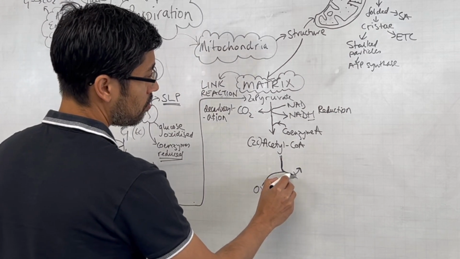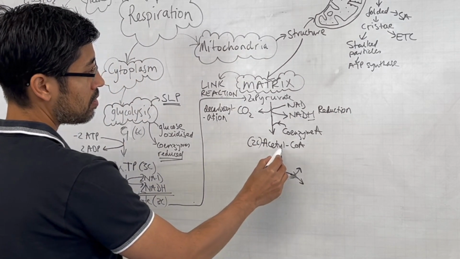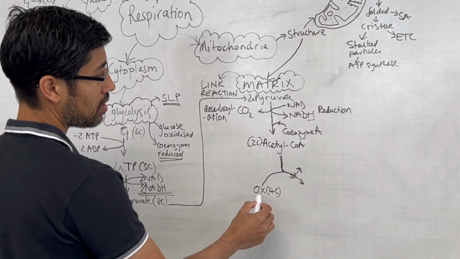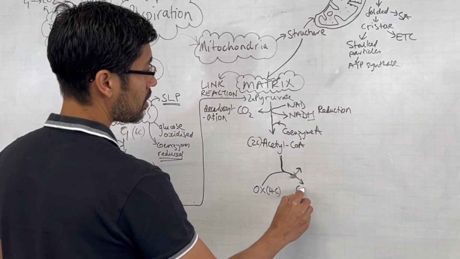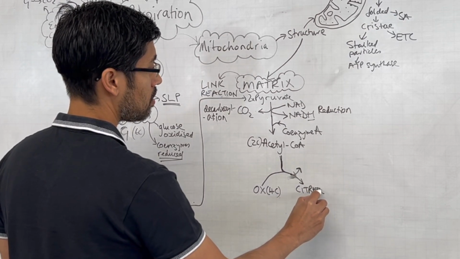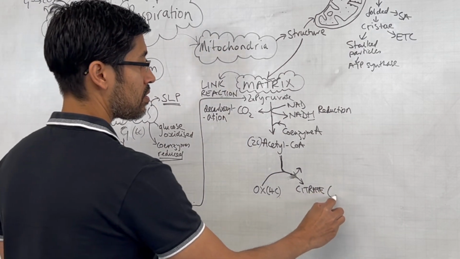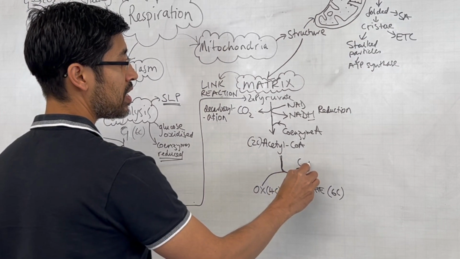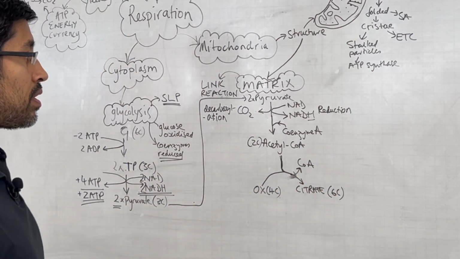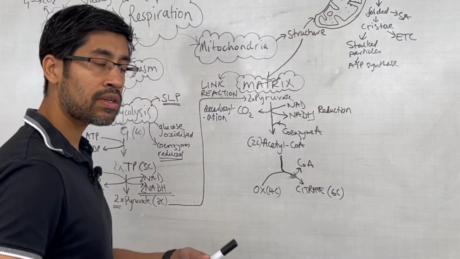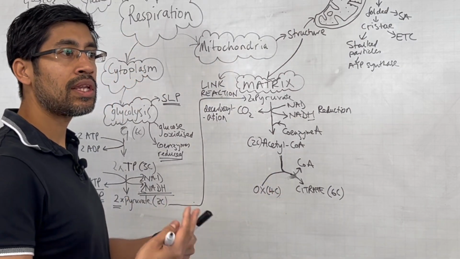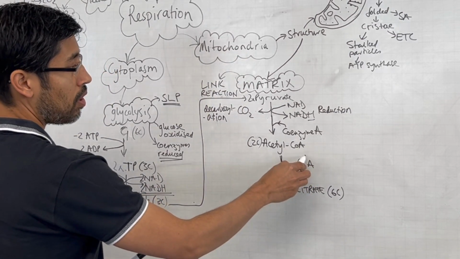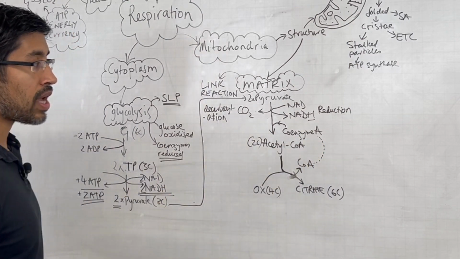And what happens is the 2-carbon acetyl combines with the 4-carbon oxaloacetate and produces the 6-carbon citrate. All right, and that's 6 carbons. And obviously, our coenzyme A will be regenerated because it's a coenzyme. It doesn't really take part in reactions. Well, it takes part in reactions, but it doesn't get changed by them. Okay, and off that coenzyme A goes to take part in the link reaction again.